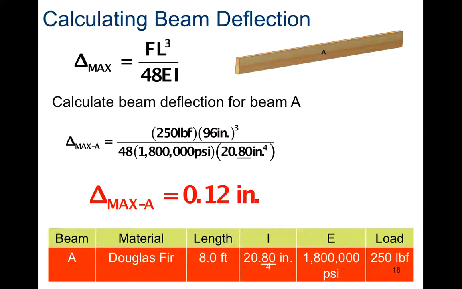And we get a maximum deflection of 0.12 inches, so less than a quarter inch. Very, very small. Especially in the joist orientation, you really won't see much deflection. It's going to be very tiny, but should still be measurable. When you are in the plank orientation, you should see more deflection.